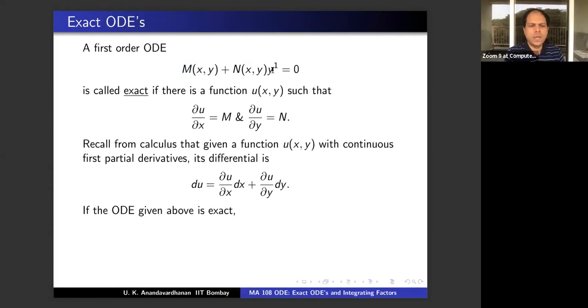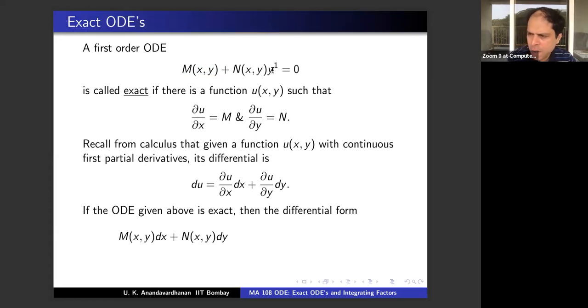So if the ODE is exact, then you consider this differential form, right? You have seen Green's theorem and all that, p dx plus q dy, such things you have seen. So you consider m dx plus n dy. What is m dx plus n dy? M dx is del u by del x dx, right?